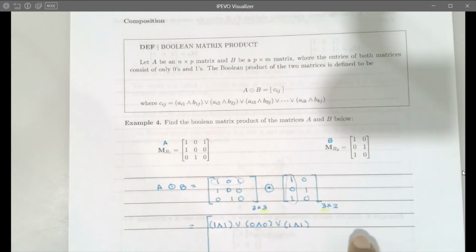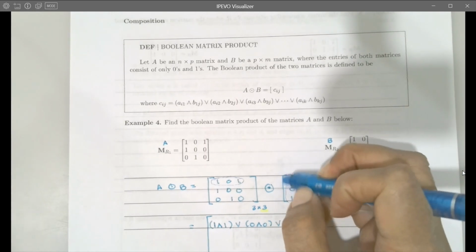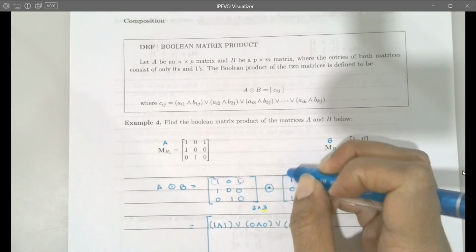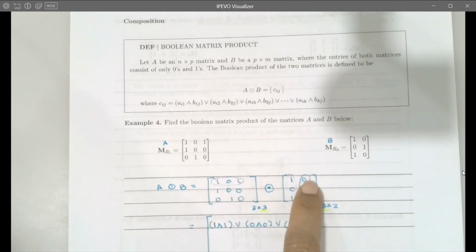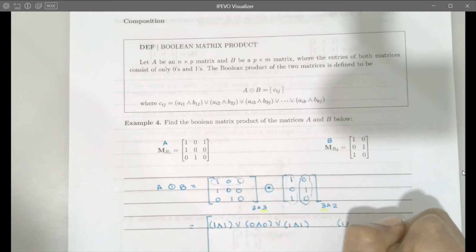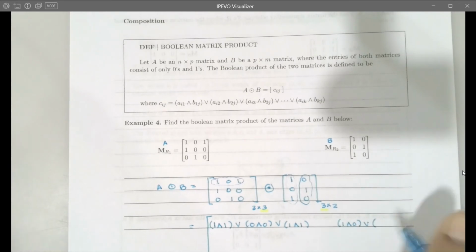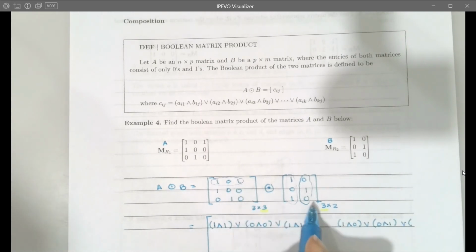Okay. If now we want to get the first row, second column, then we repeat the process, but now we consider the second column. Okay, so 1 conjunction with 0, or 0 conjunction with 1, or 1 conjunction with 0.